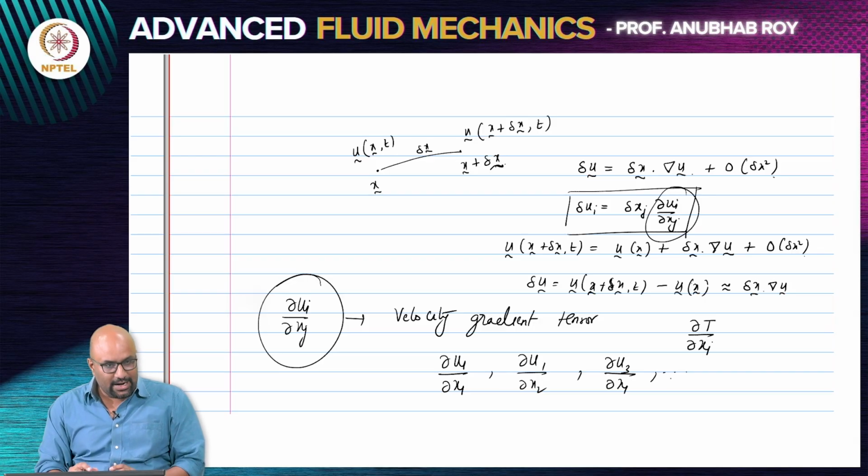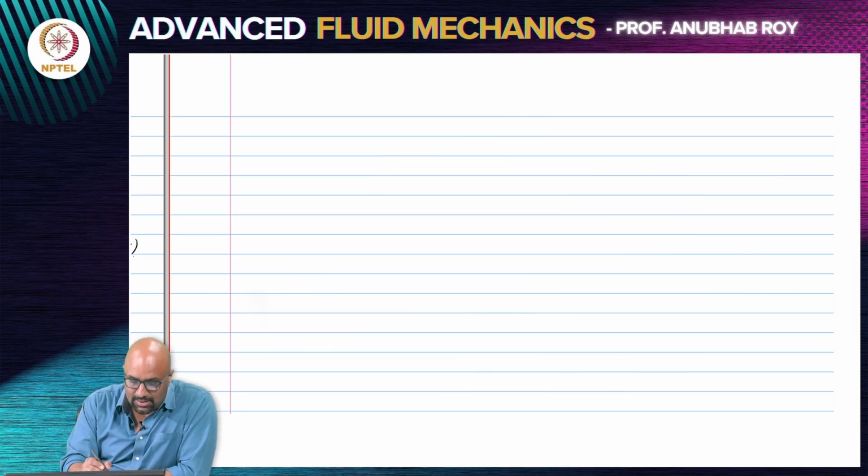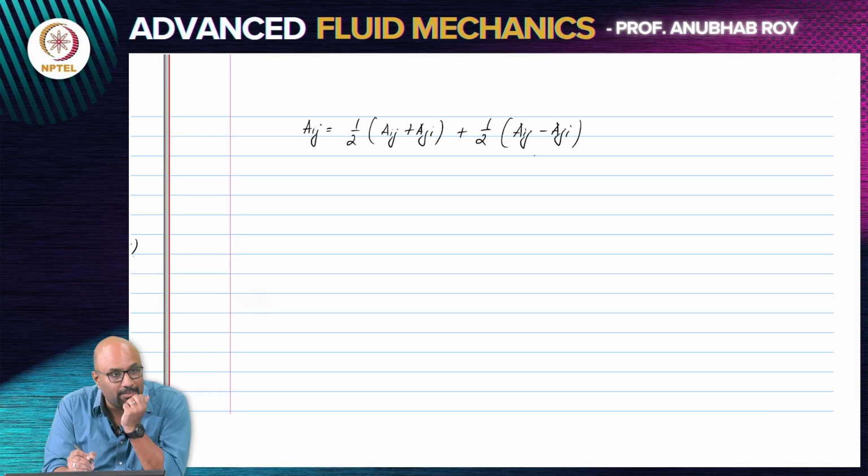Now the velocity gradient by itself obviously captures deformation, but we can simplify this a little further, because we have learned when we studied order 2 tensors that any order 2 tensor can be written as a summation of a symmetric and an antisymmetric part.